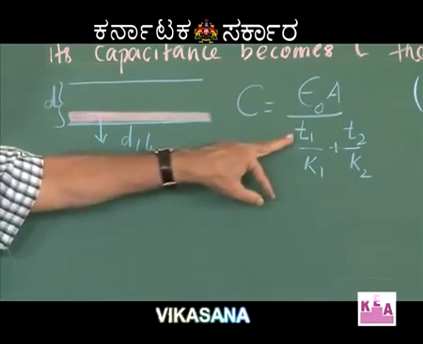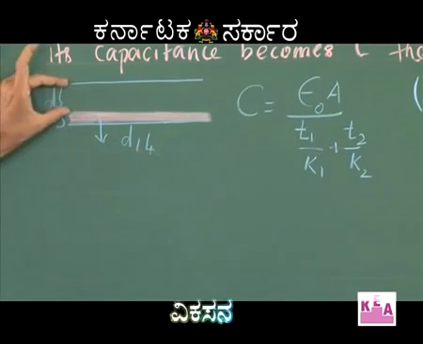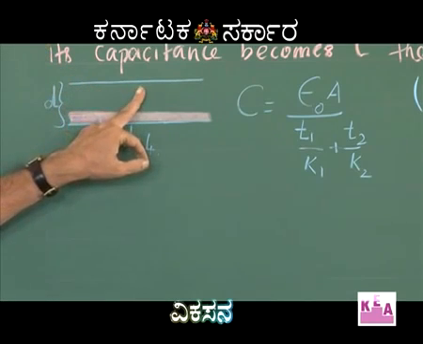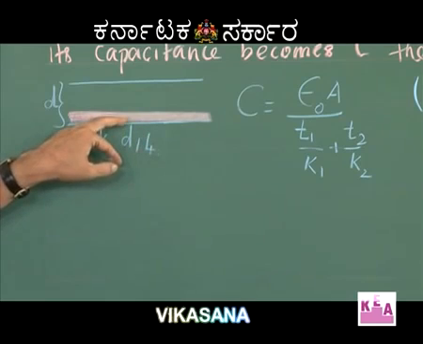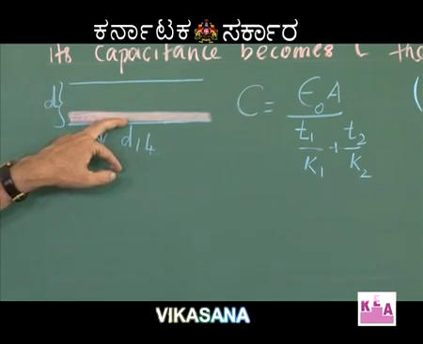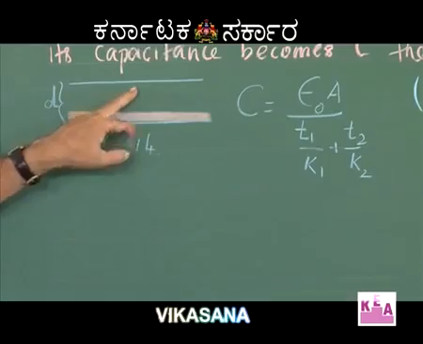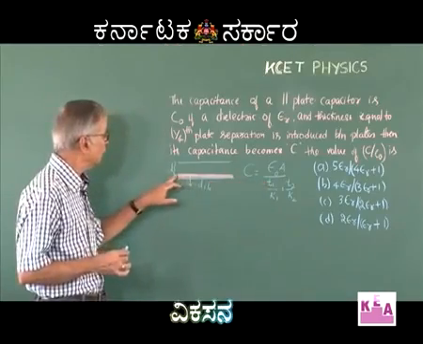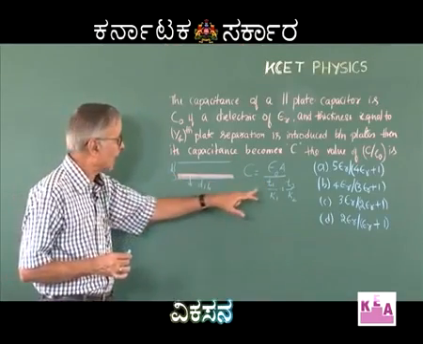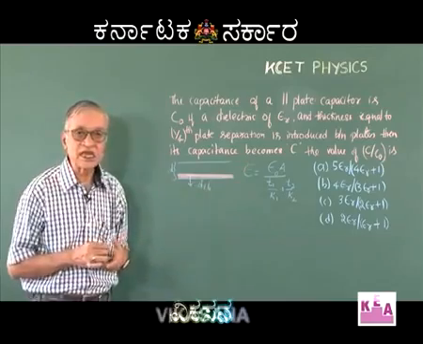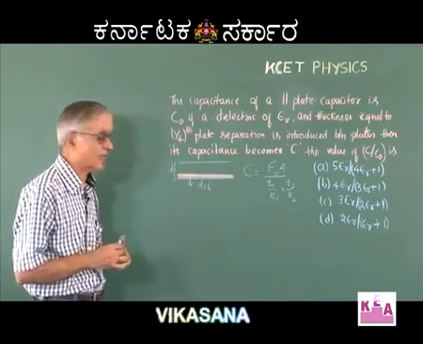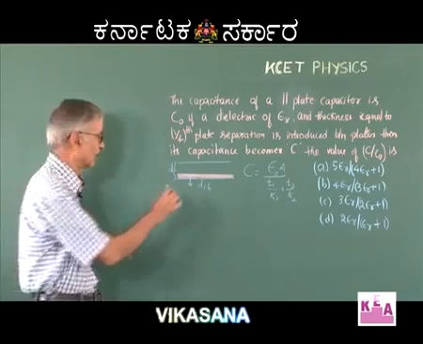Now, you can agree that T1 is equal to 3D by 4 and K1 is equal to 1, because this portion is not filled by a dielectric, which means this is air. Similarly, T2 is equal to D by 4 and the dielectric constant is epsilon r, that is K2 is equal to epsilon r.